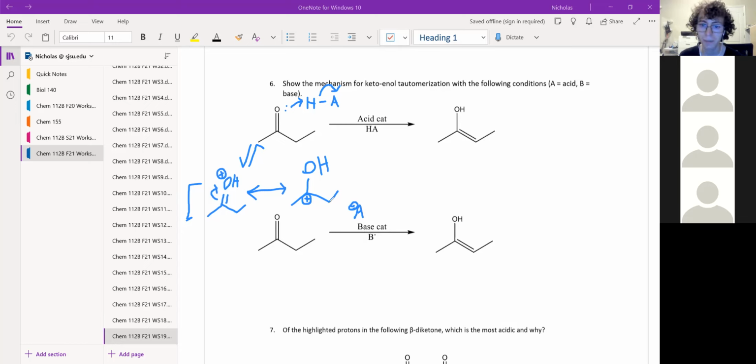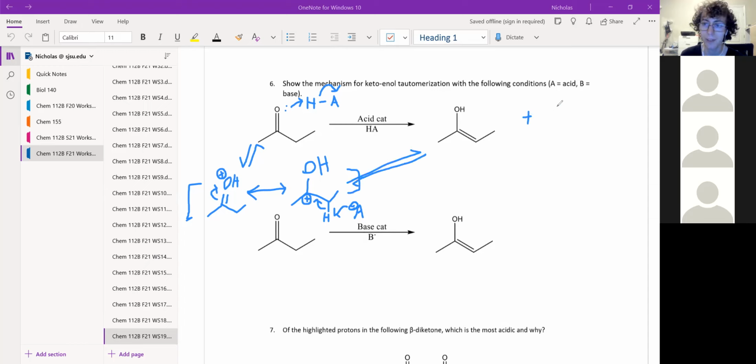and it can do something that's kind of like an E1 mechanism. It's not exactly E1, but it's kind of similar because we have a positive charge and we're taking a neighboring proton to form a double bond.